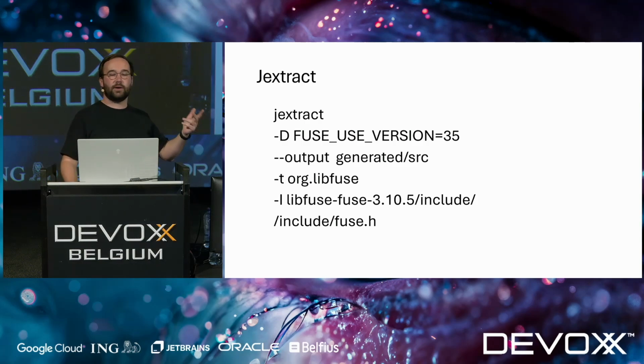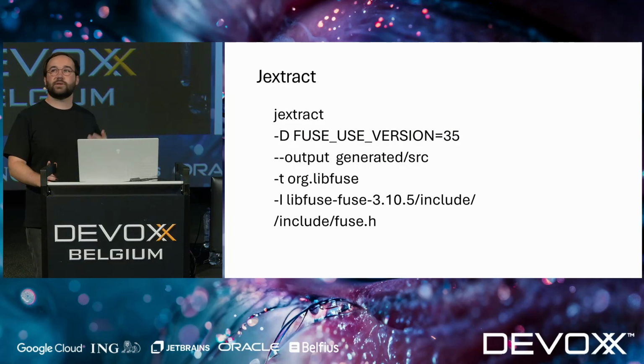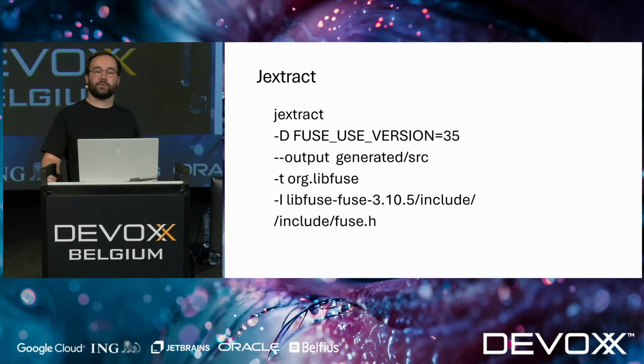After setting the macro, I wanted to say where the output was going to be placed, so that's what the --output is for. Then the -t to set the target package of those generated classes. In this case, I wanted them to be org.libfuse. Then -l for the library that I want to load. And then the fuse.h header. This is the header I'm going to create those bindings for.